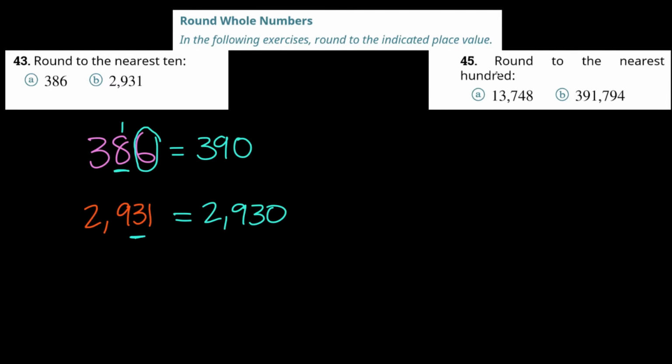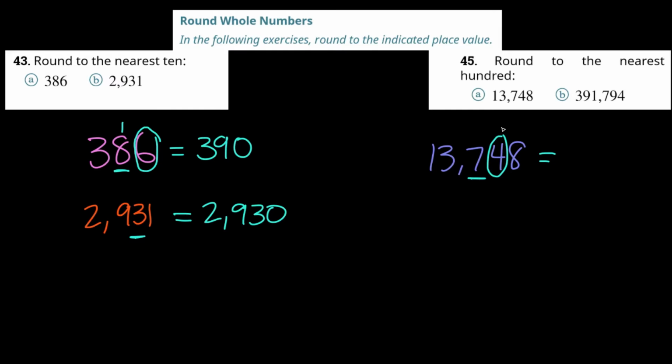If we look at 45, round to the nearest 100. We have 13,748. So we're going to round to the nearest 100. We underline the hundreds place just to keep track of it. And then we look to the number directly to its right. So we see that this 4 is less than 5, which means we're going to round down.